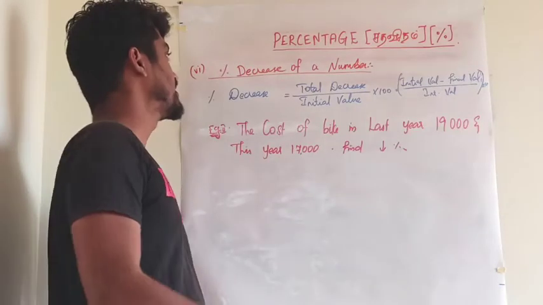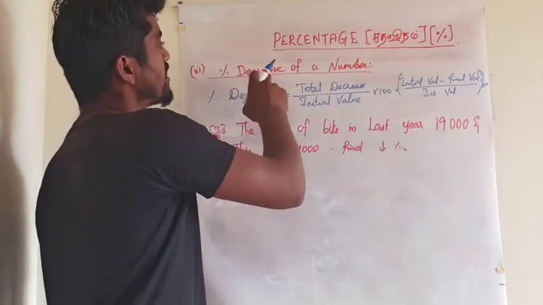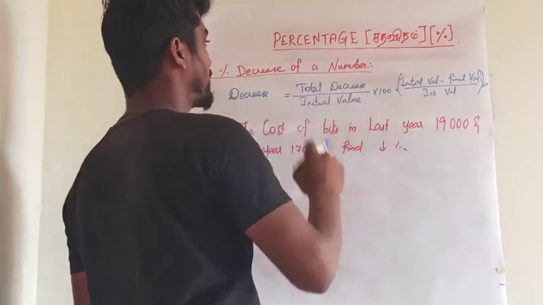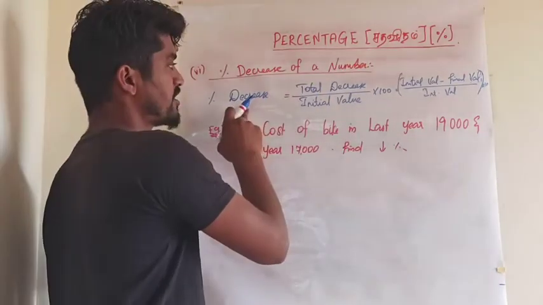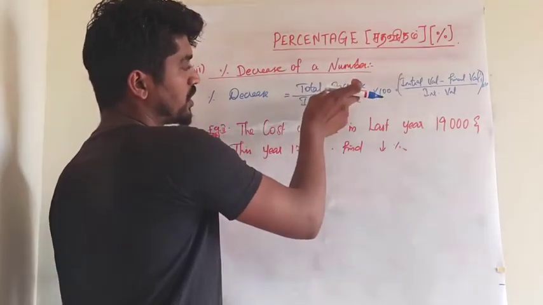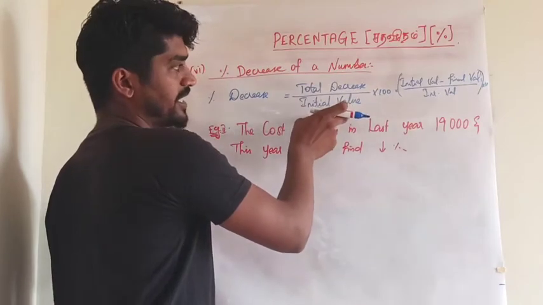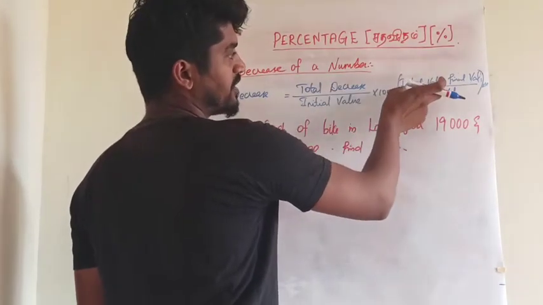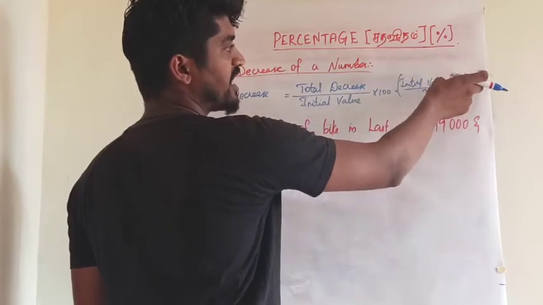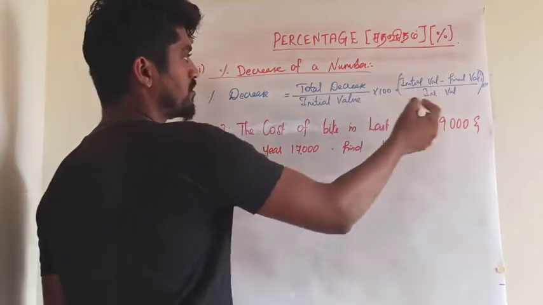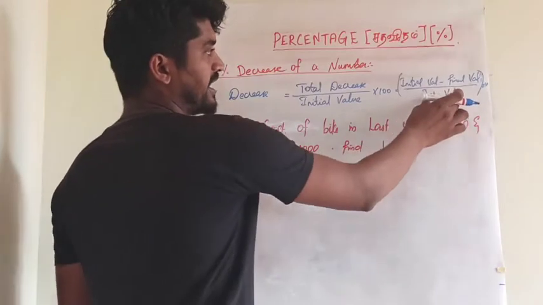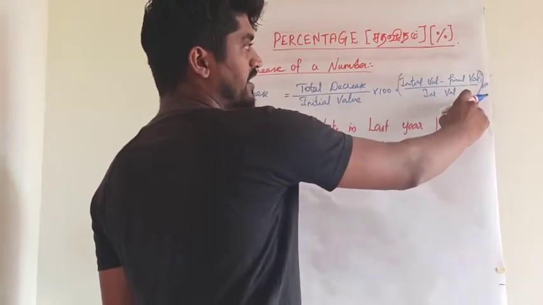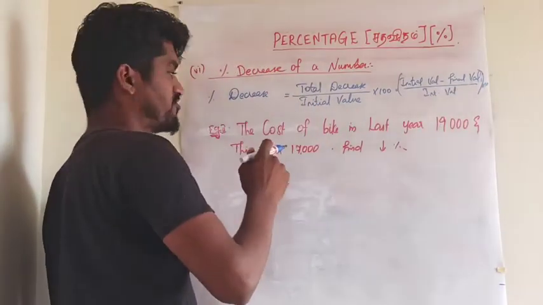The next method is to find the percentage of decrease of a number. The formula of percentage of decrease is the total decrease divided by the initial value, times 100. The total decrease value is nothing but the difference between the initial value and the final value, divided by the initial value, multiplied by 100 to convert into percentage format.